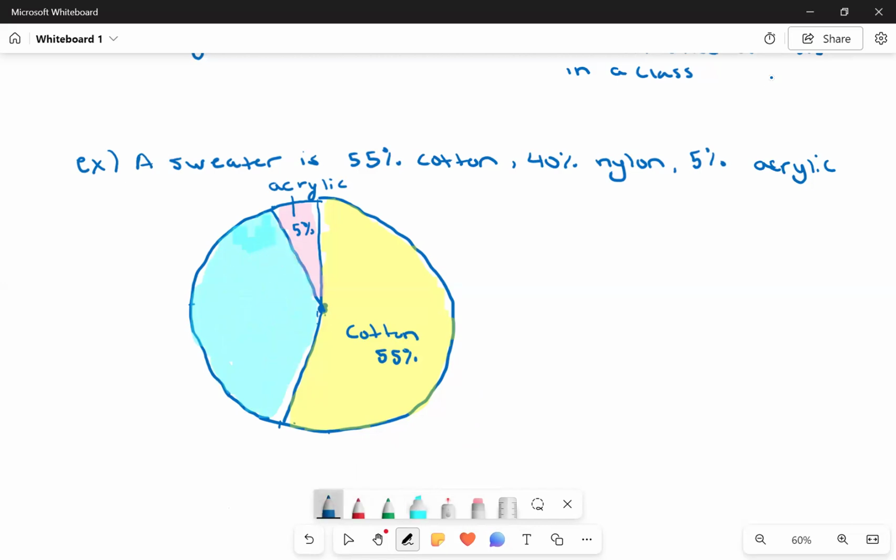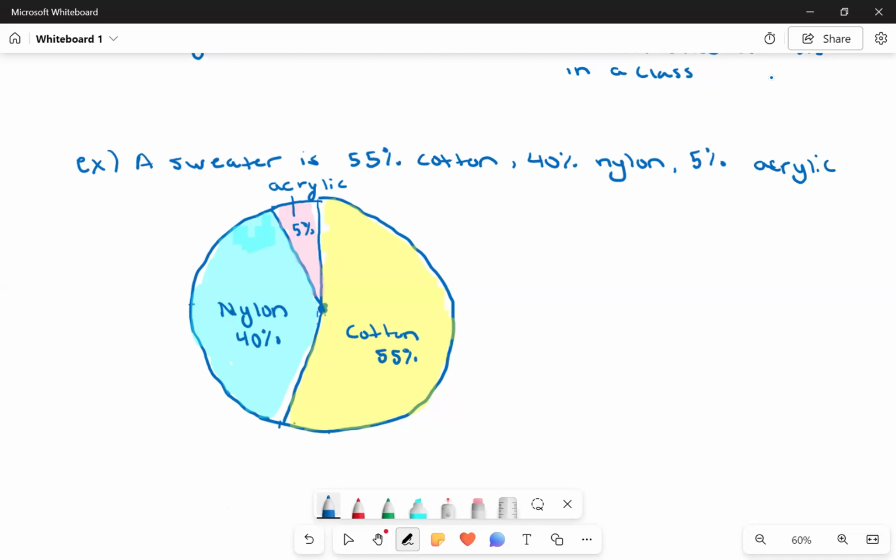So that is the nylon. I did the best I could. It would be so much better if I used technology, but that's okay. We're just kind of getting an idea, trying to see visually what it would somewhat look like when you're comparing these categories to the whole. How much is one category versus the other?